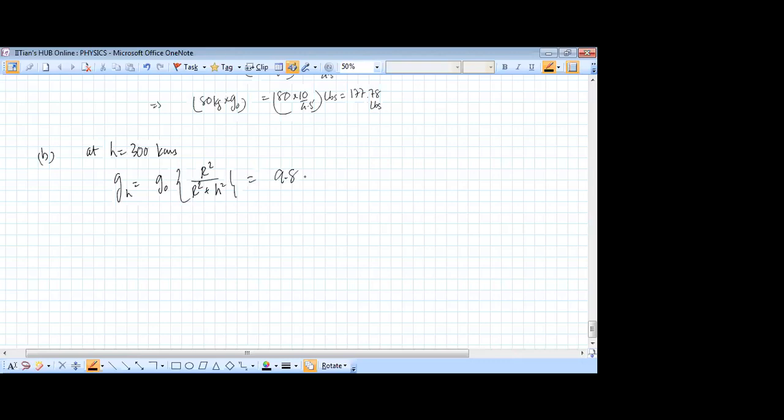So it will become 9.8 into this. It's very calculation intensive, but other than that, there's nothing much in the question.